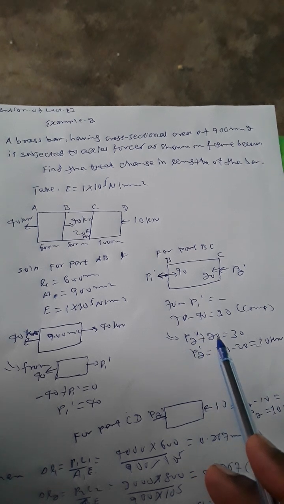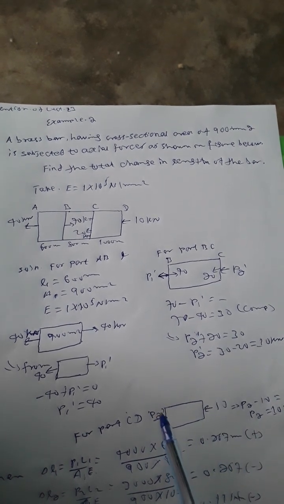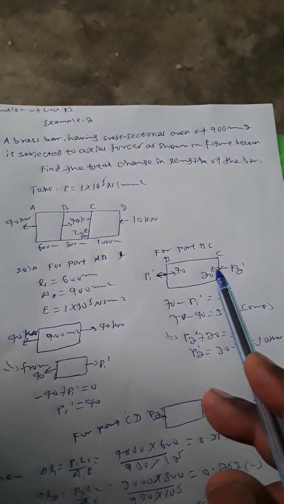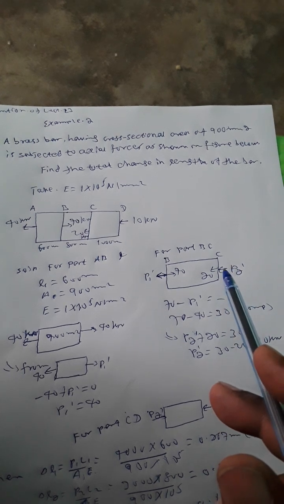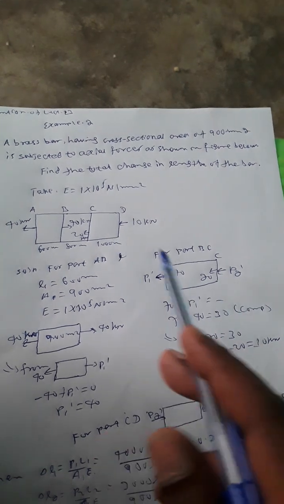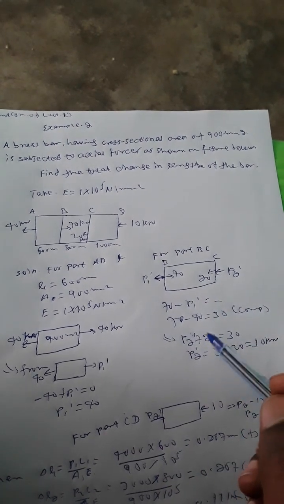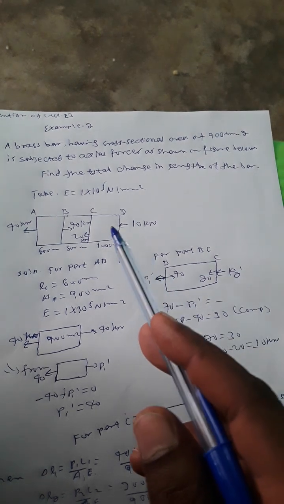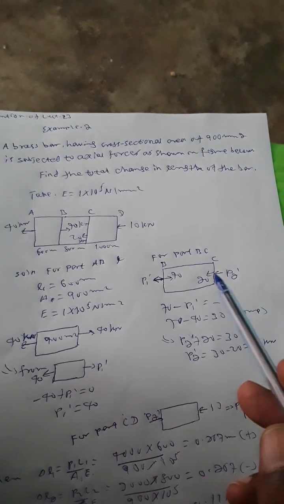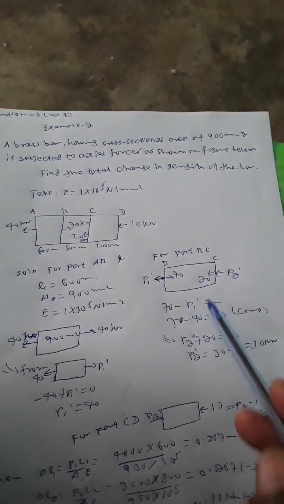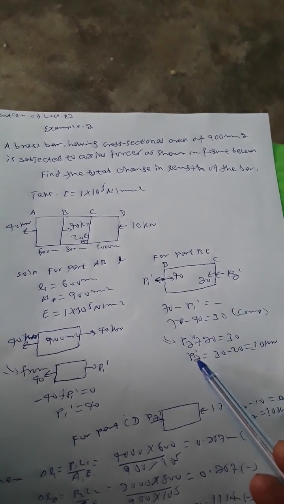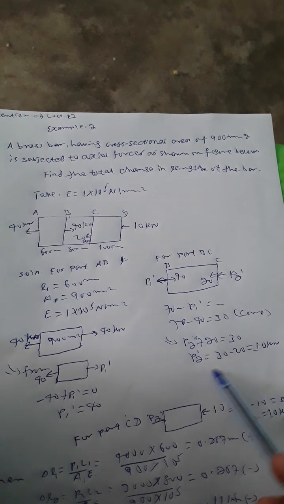P2 prime plus 20 is equal to 30, so P2 is equal to 30 minus 20, which is 10 kilonewton.